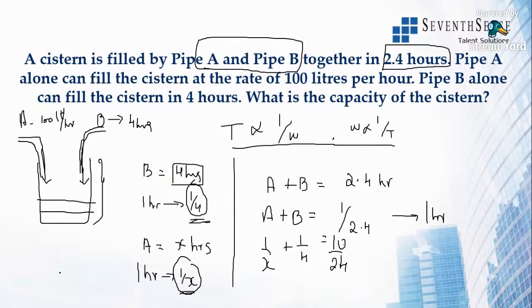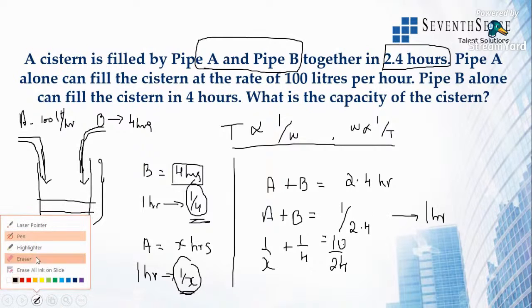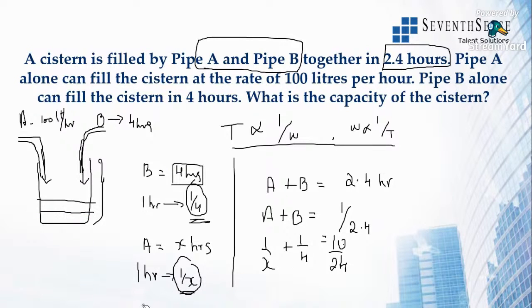If you calculate this, what will be the X value? 1 by X plus 1 by 4 is equal to 10 by 24. I can write it as 2 5s are 10, 2 12s are 24, so it becomes 5 by 12.